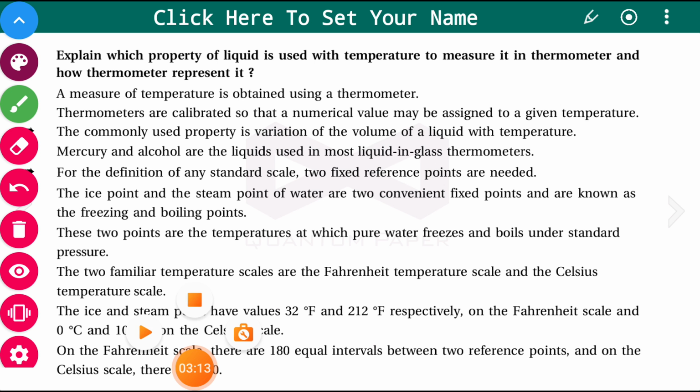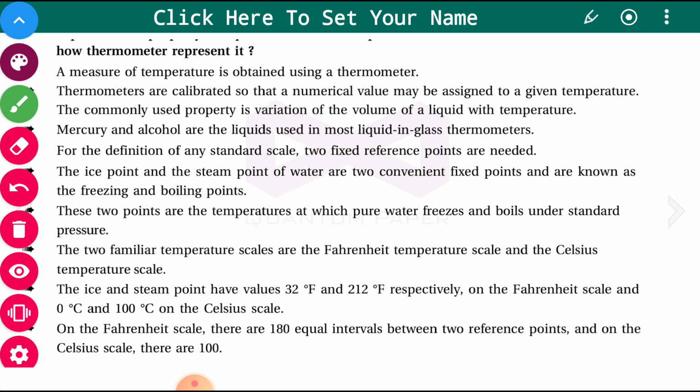There is a general discussion of the property of liquid which is used with temperature to measure it in a thermometer and how the thermometer represents it. Now, measurement of temperature is generally done by a thermometer.